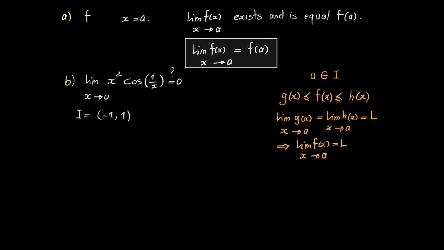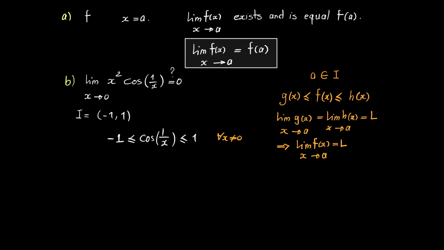We know that for every value in this interval except x equals 0 itself, the cosine of 1 over x is less than or equal to 1 and greater than or equal to -1. This is valid for all x which is not equal to 0 and belongs to this interval.